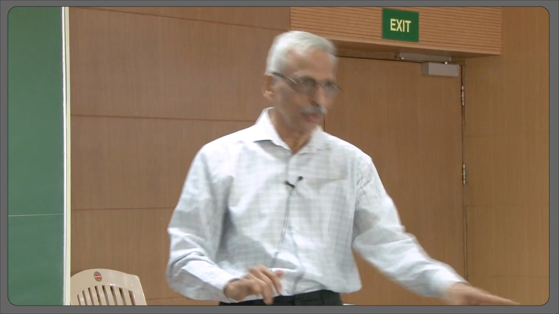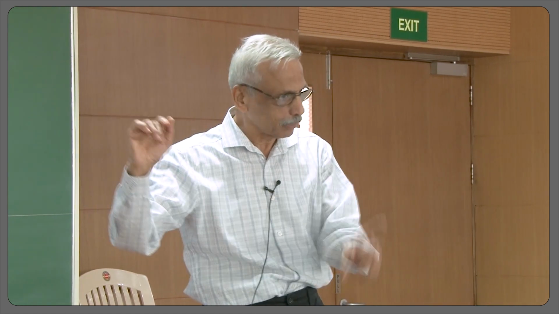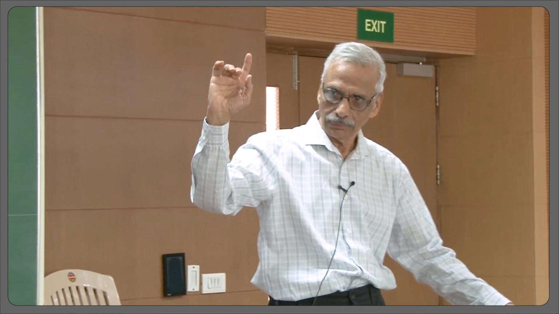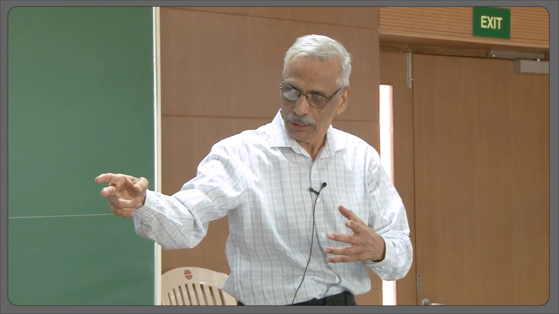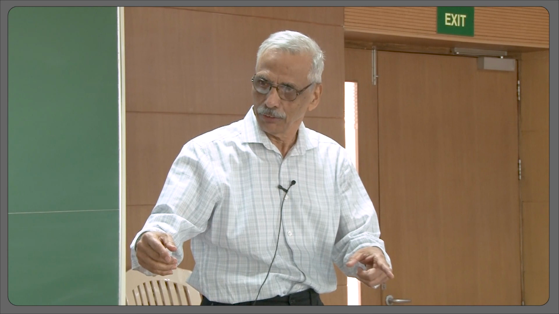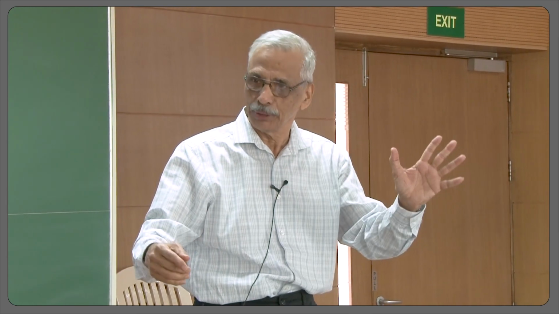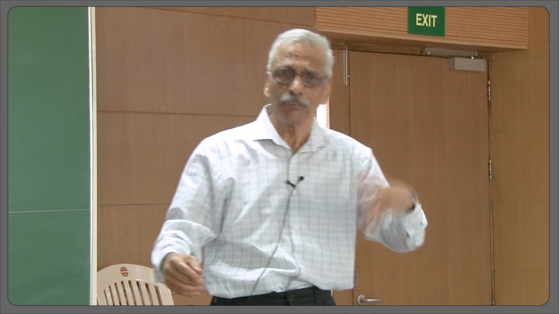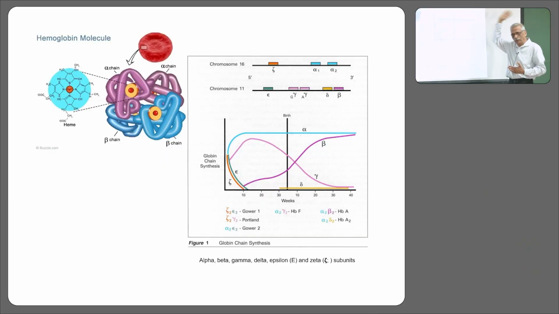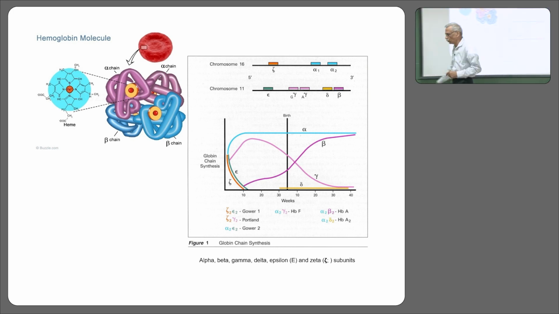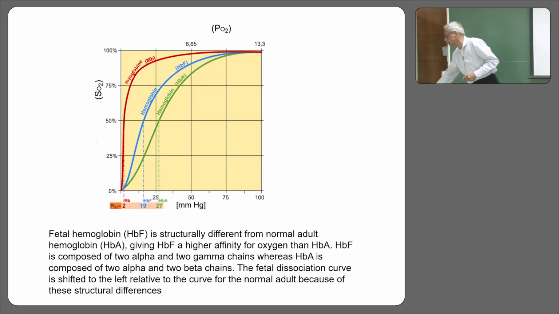The oxygen will go directly from the blood of the mother into the blood of the fetus. Do you appreciate the point? Nature came up with this amazing idea: in the baby, don't give 2 alpha 2 beta, give 2 alpha 2 gamma, which doesn't combine with DPG and can draw more oxygen. But after birth the baby will lose the gamma unit and you will have a combination of 2 alpha and 2 beta.